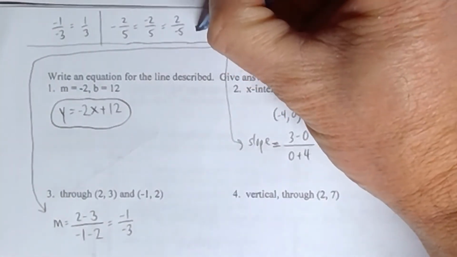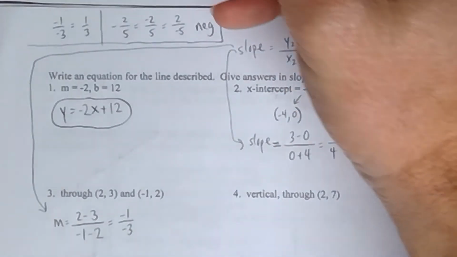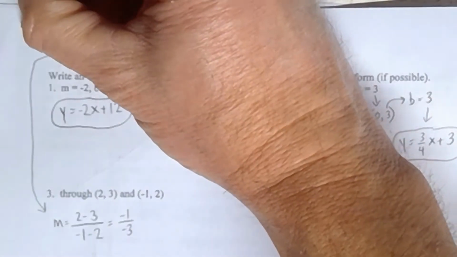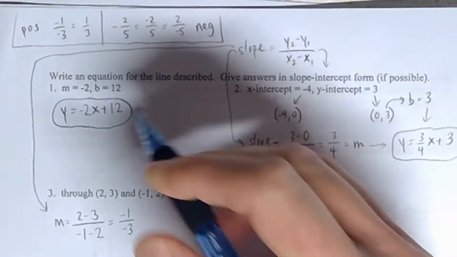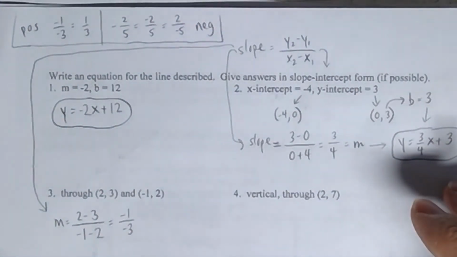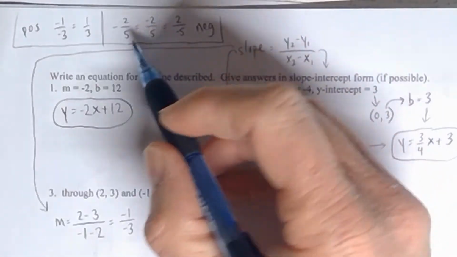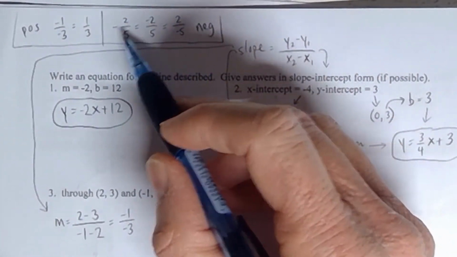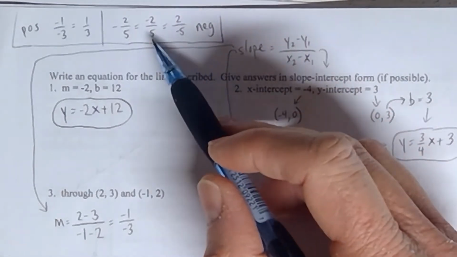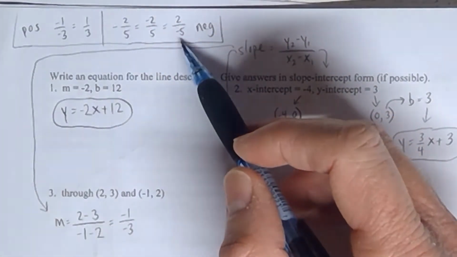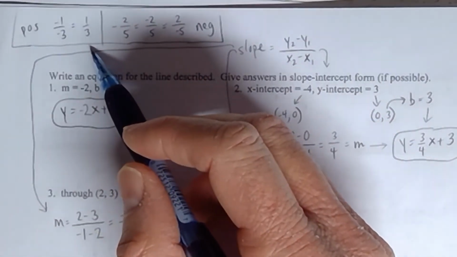All three of these fractions are all equal, and they are all what? They are all negative. Okay, both of these fractions over here are positive, and they therefore are equivalent to each other since the numbers are basically the same. So I just want to make sure that you understand how these negatives are all related to each other, and the fact that depending on where they're at, it could be the same or it could be different, like over here.